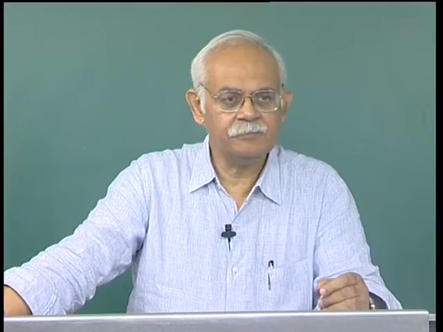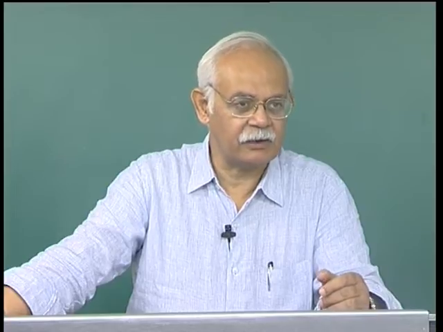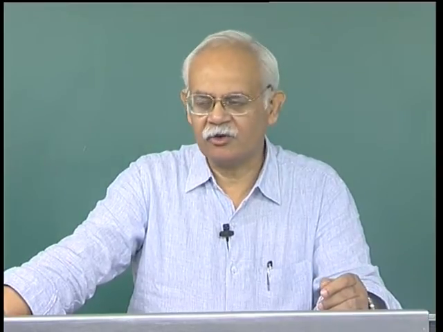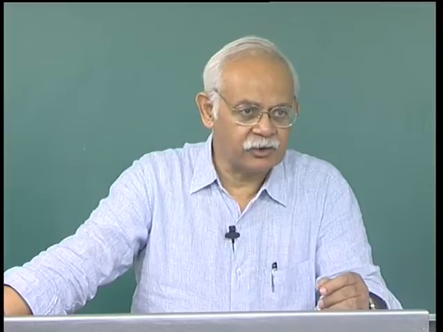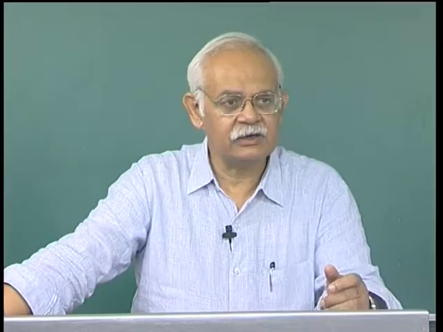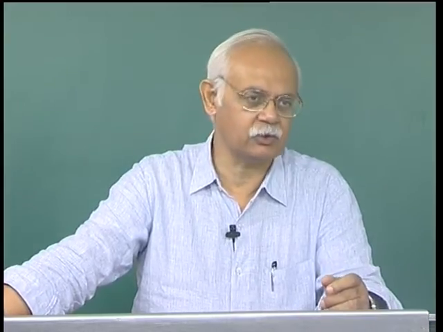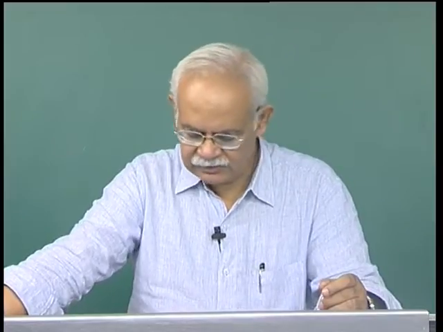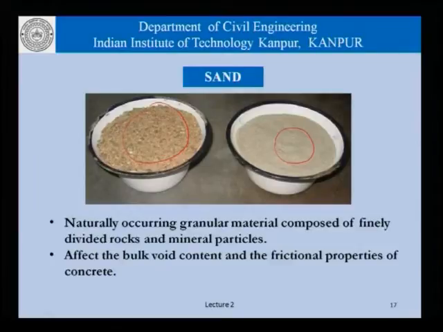Depending on the requirement, whether we are trying to plaster a wall or we are trying to mix it in concrete, we may use one sand or the other, or at times we may try to blend different sands to get a particular size distribution, and so on. Sand consists of naturally occurring granular material composed of finely divided rocks and mineral particles, and affects the bulk void content and the frictional properties of the concrete.